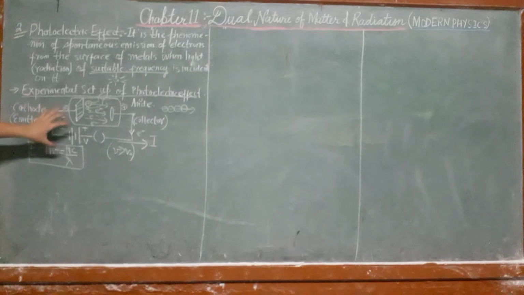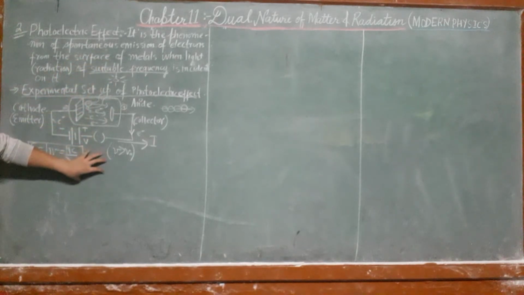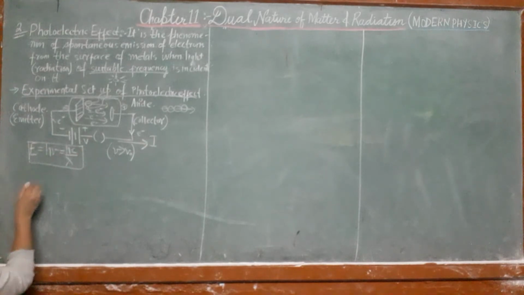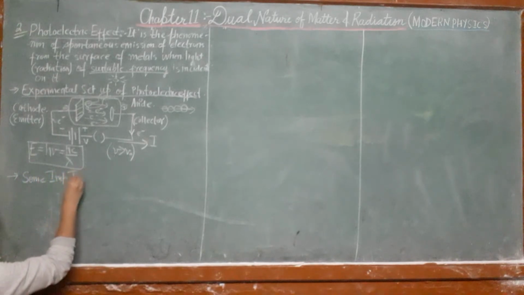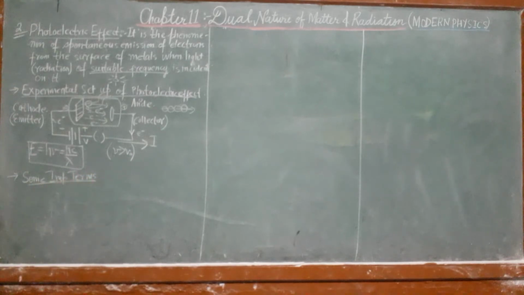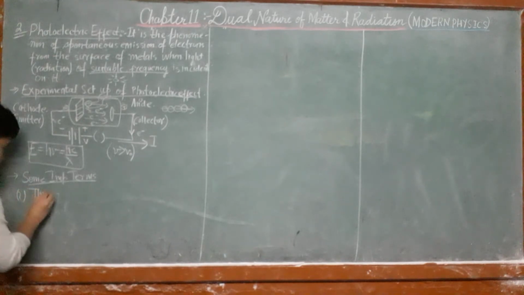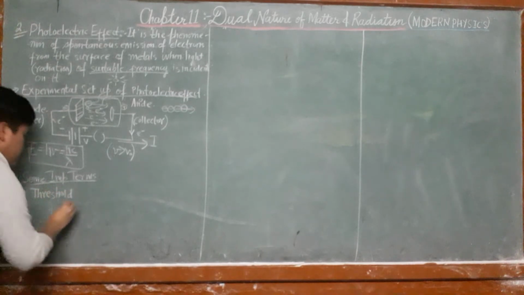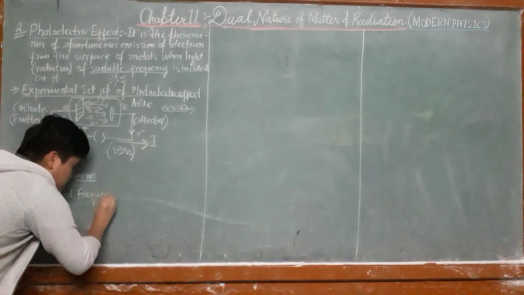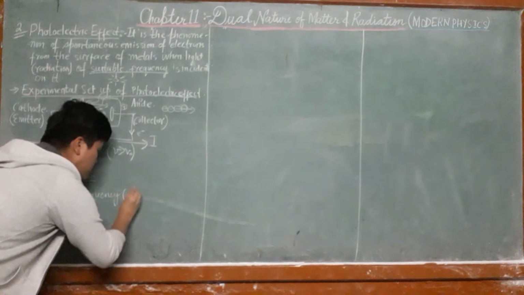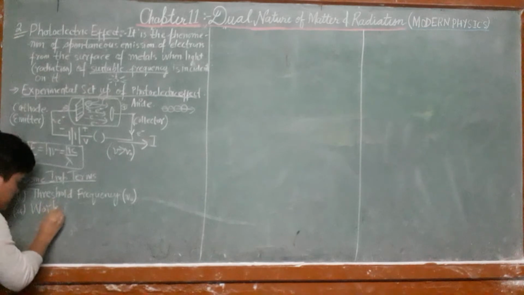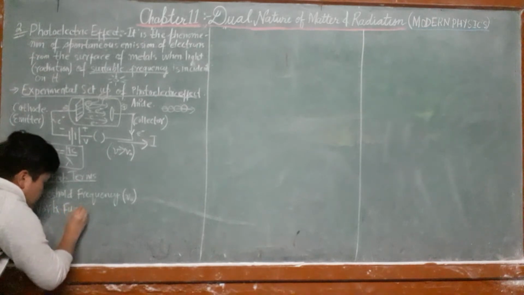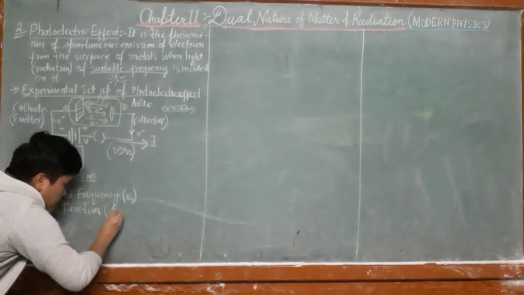Now next topic is some important terms. The first term is threshold frequency, represented by nu naught. The second term is your work function, represented by phi naught.